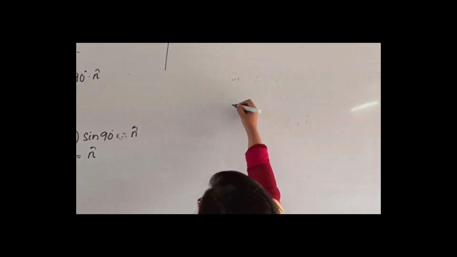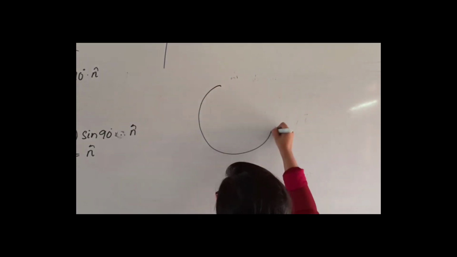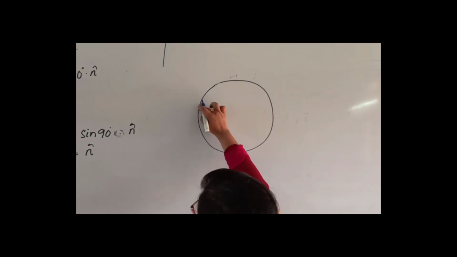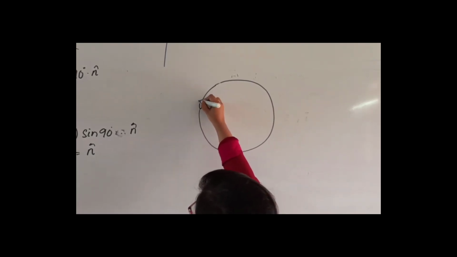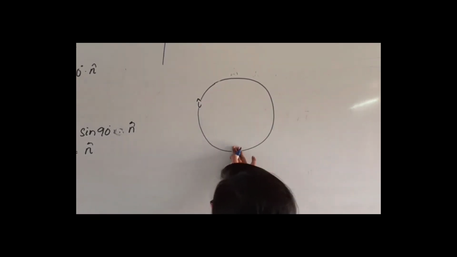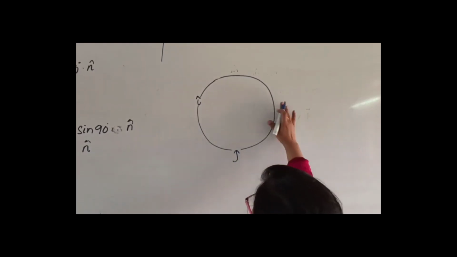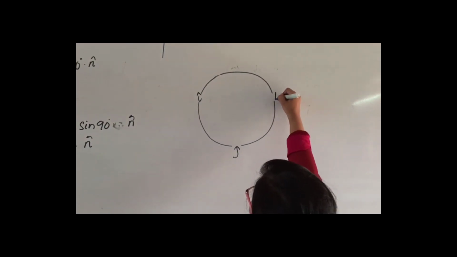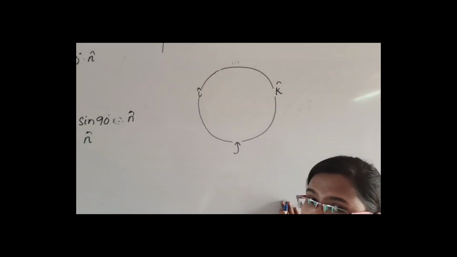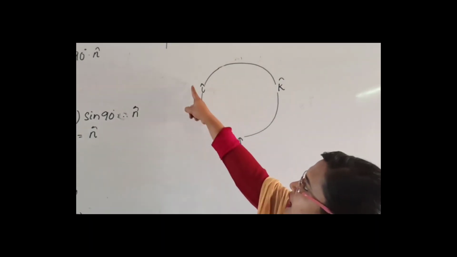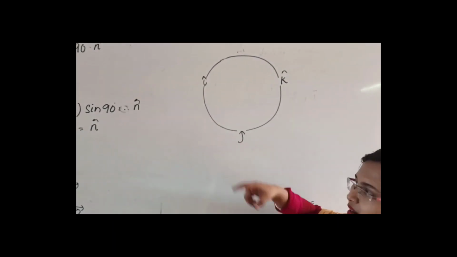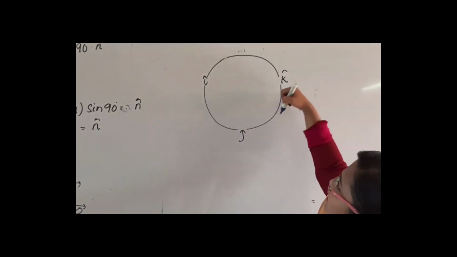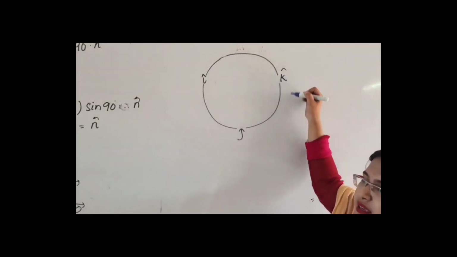Consider a cycle. This is i cap, this is j cap, and this is k cap. I wish to find i cross j, and I know i cross j gives the positive value of k cap.